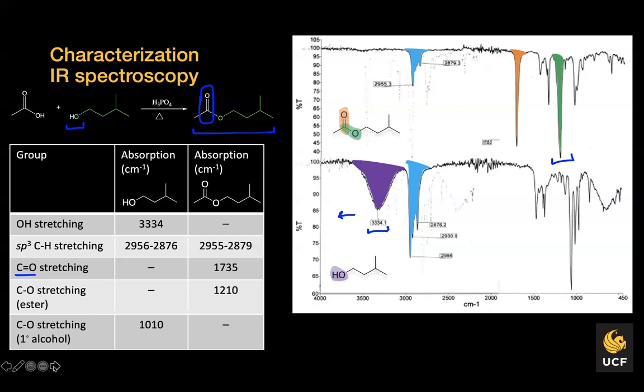That oxygen-carbon stretch shows a clear, strong peak right around 1200. And in the case of a primary alcohol, its stretch is really right around 1,000 per centimeter, right?